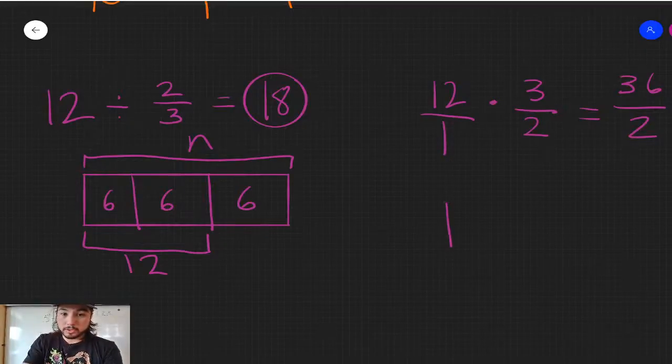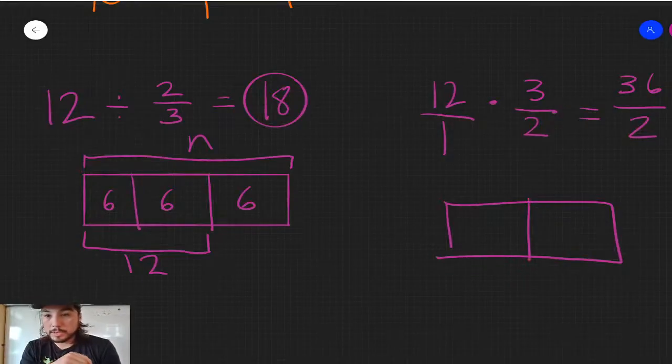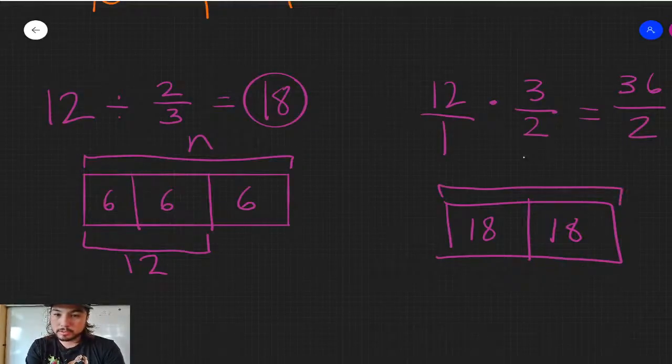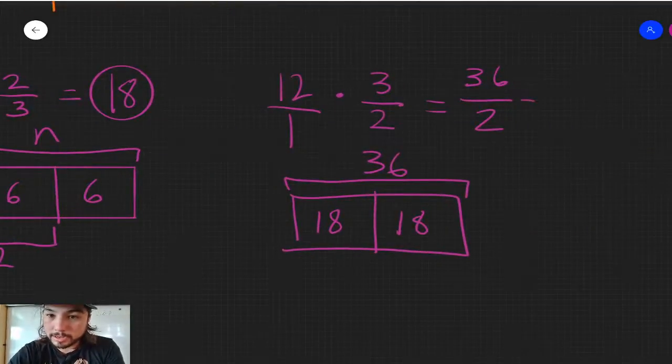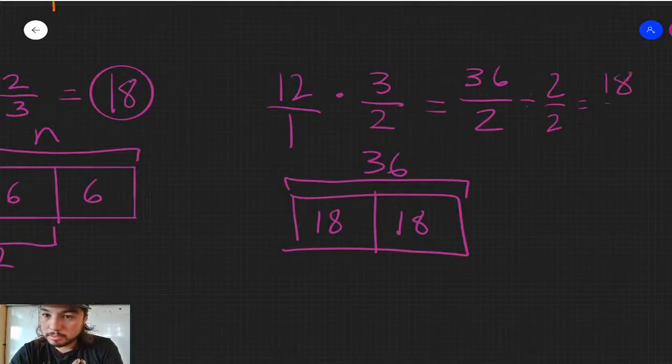Okay, so if 36 is the whole thing, and we're cutting it in 2 halves, dividing it by 2, what is it going to be, right? Yeah, it's 18. 18 plus 18 equals 36. So our 36 halves, essentially what we're doing here is we're dividing by 2 over 2. 36 divided by 2 is 18. 2 divided by 2 is 1.